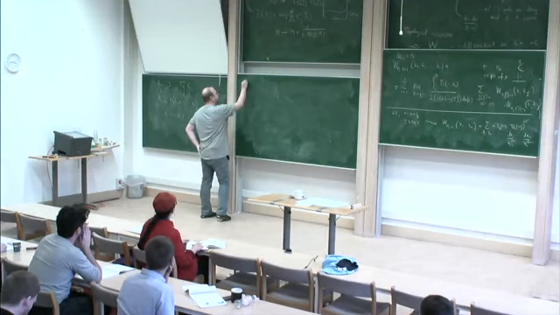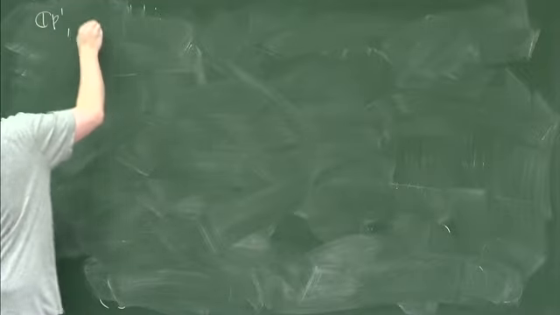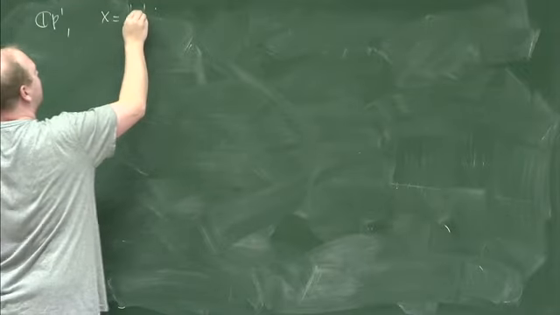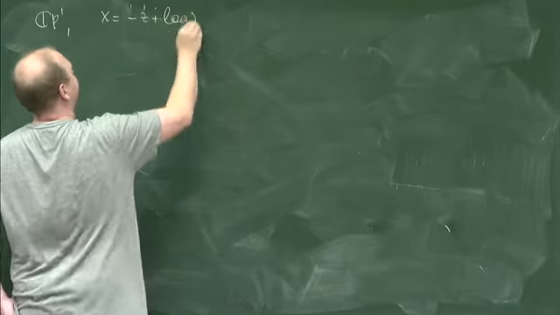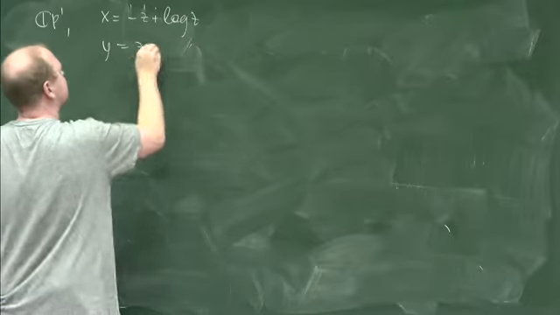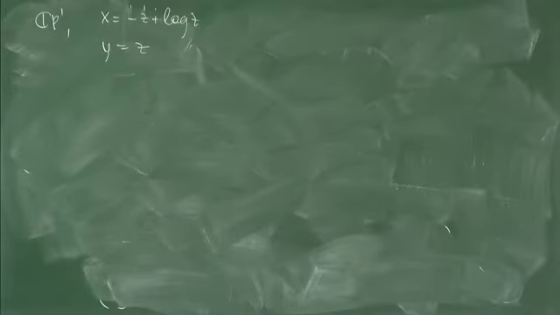Another example is, if we have still CP1, x is equal to minus z plus e to the z, y is equal to z, and then we start the same procedure.